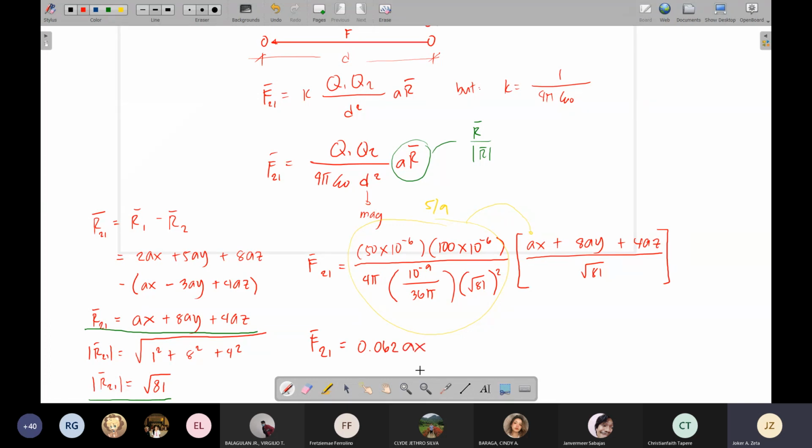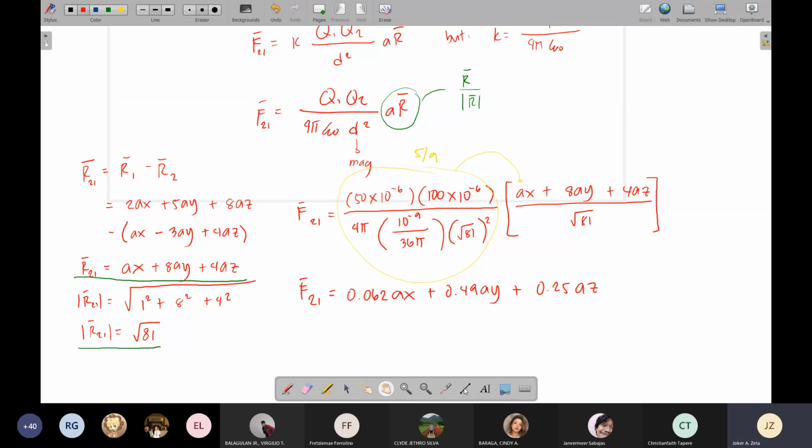Then for ay, back to 5 over 9 times 8 divided by the square root of 81, you have 0.49 ay. Then lastly, for az, you will have 5 over 9 times 4 divided by the square root of 81, you will have 0.25 az. So that is your answer.